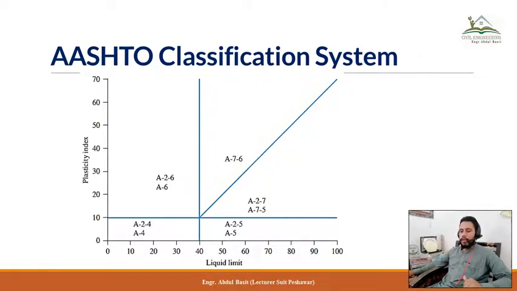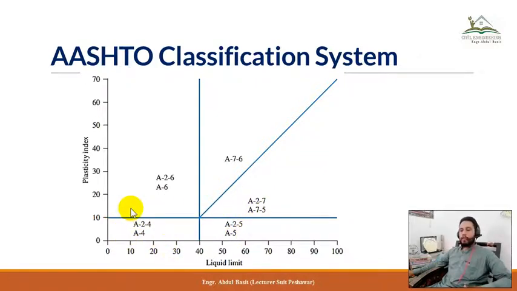If your soil falls in this rectangular area, between this blue line, this blue line and this black line, then it will be A2-6 or A2-7, either of these. If it falls in this triangular area, then it will be A7-6, and if it falls in this triangular area, then it will be A2-7, and so on for this triangular area and this rectangular area.